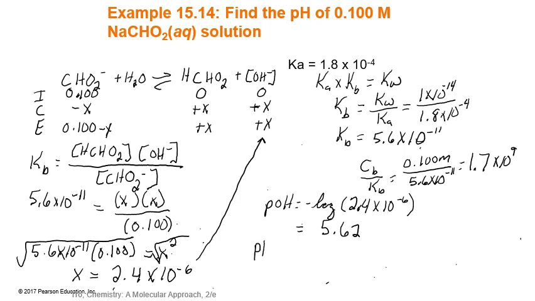We know that pH is equal to 14 minus the pOH. 14 minus 5.62. So our pH is equal to 8.38. Now, does this make sense as an answer? If we think about it, it's a conjugate base of a weak acid, so we do end up with a pH in the basic range, 8.38.